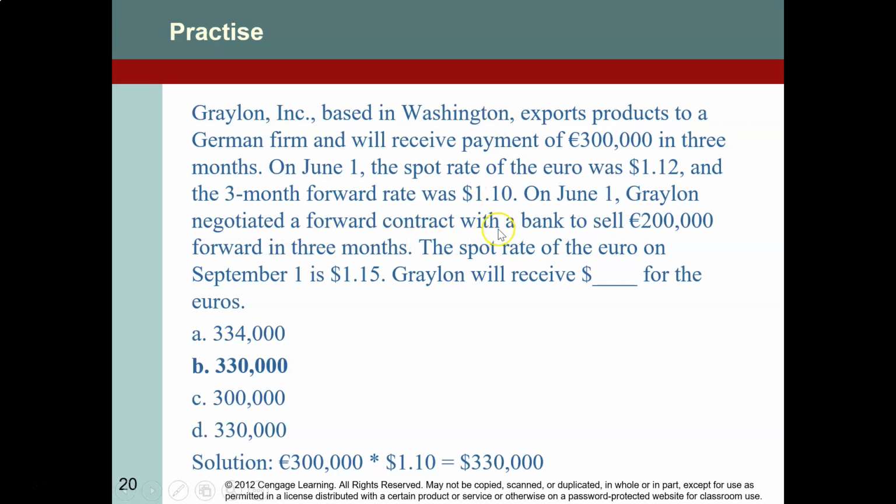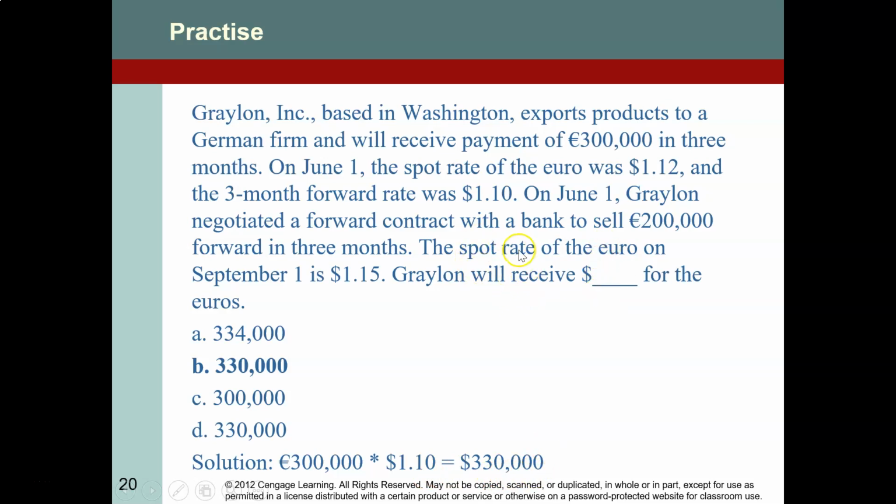So after 3 months, it has to carry out the forward contract. It has to sell 200,000 euros it receives to the bank at the forward rate 1.1. So we use 200 multiplied by 1.1, so we have 330,000 as the dollars the firm should receive.